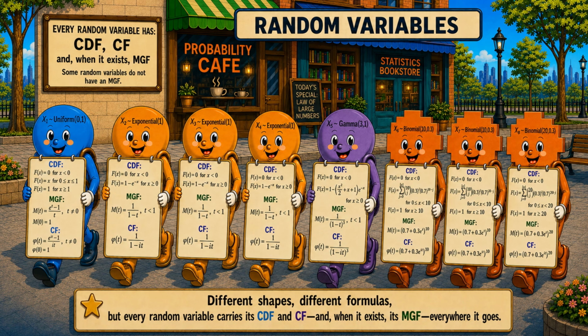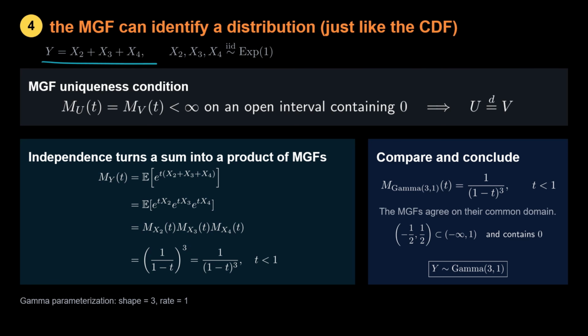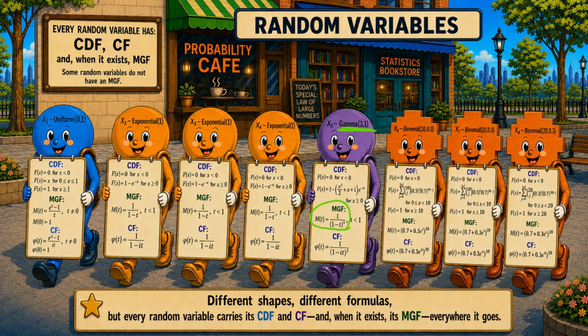We'll explore these issues by exploring the sum of three independent exponential 1 random variables. This sum itself is a random variable, right? And hence we can explore its MGF. We will then find that the MGF of this sum is the same as the MGF of a gamma 3,1 random variable.